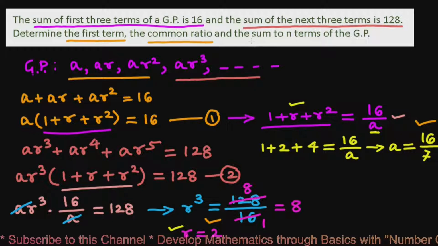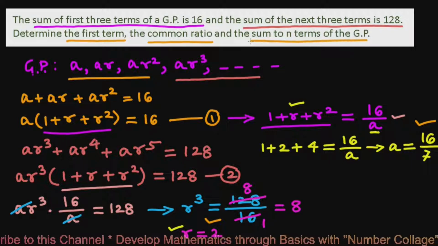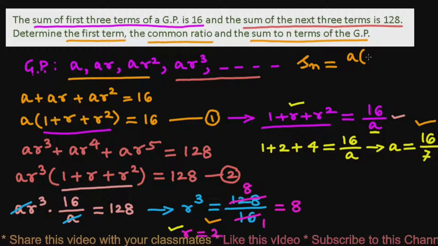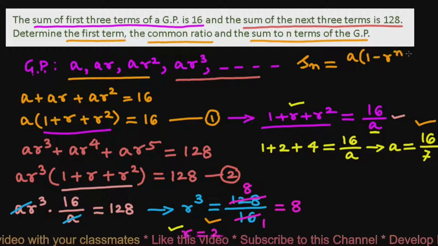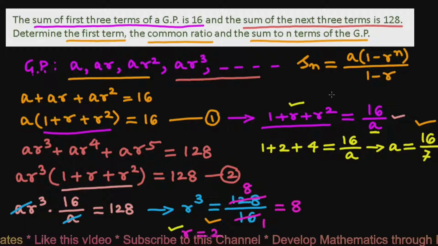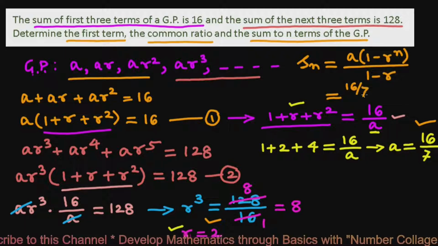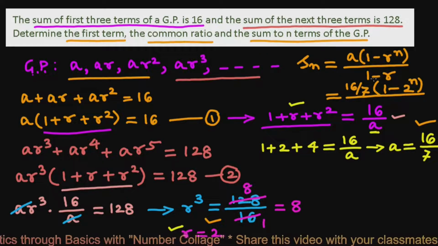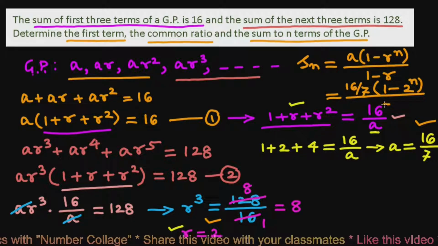Now we will find out the sum of n terms of this GP. By formula, we write Sn equals a times (1 minus r power n) upon (1 minus r). So that will be 16 upon 7 into (1 minus 2 power n) upon (1 minus 2), that will be minus 1.